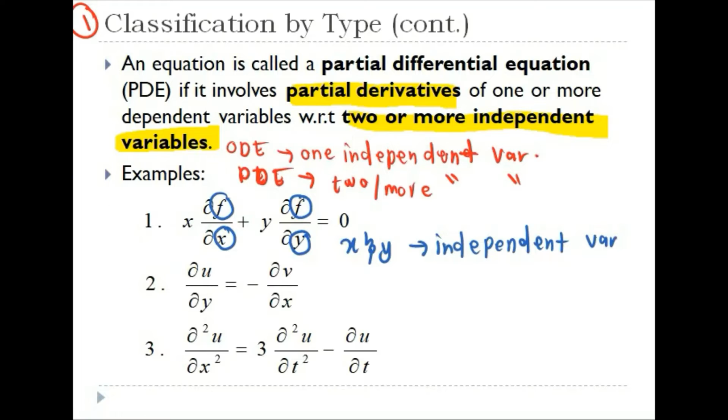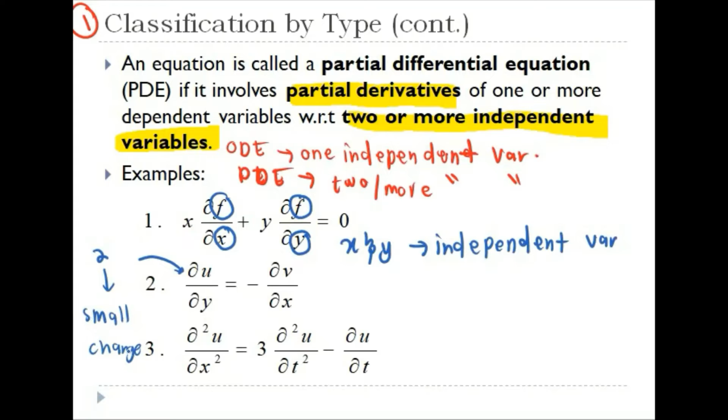If you notice, even the notation used for PDE is a bit different from ODE, because here you use a curly d, which represents a small change, or delta.